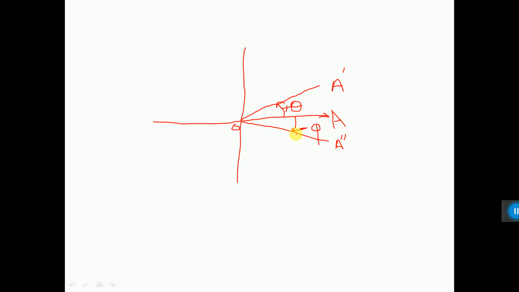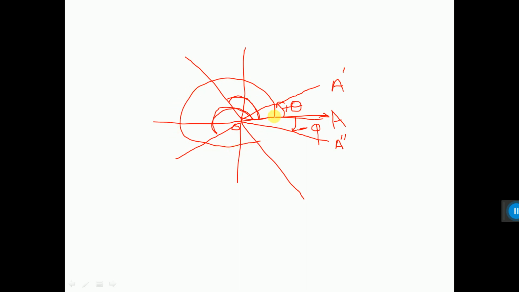Now this OA line can revolve and come up to this position. Then the angle created is more than 90 degrees. This OA line can revolve and come up to this position, then the angle created is more than 180 degrees. If the OA line revolves and comes here, then the angle created will be more than 270 degrees.